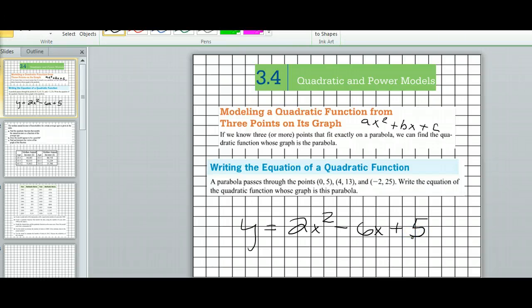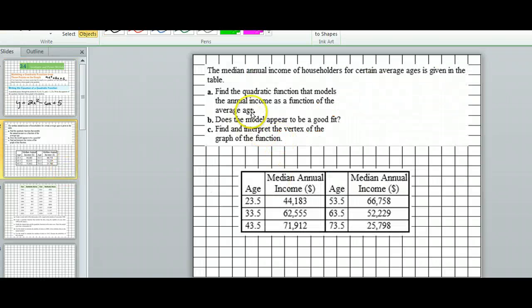Alright, that's the equation of the parabola that passes through there. And you could plug in any of those points and see that it is on this parabola. Now, just like we did linear regression, if we had more than 3 points, we could still come up with a quadratic. It just wouldn't hit them exactly like this one does.